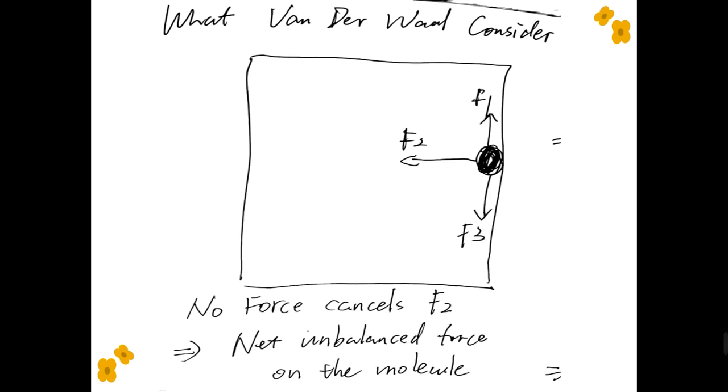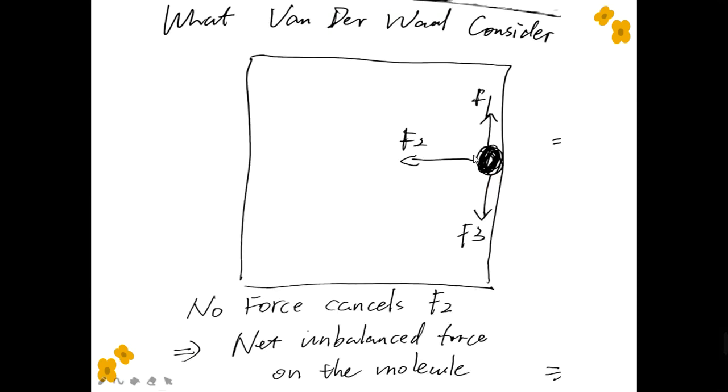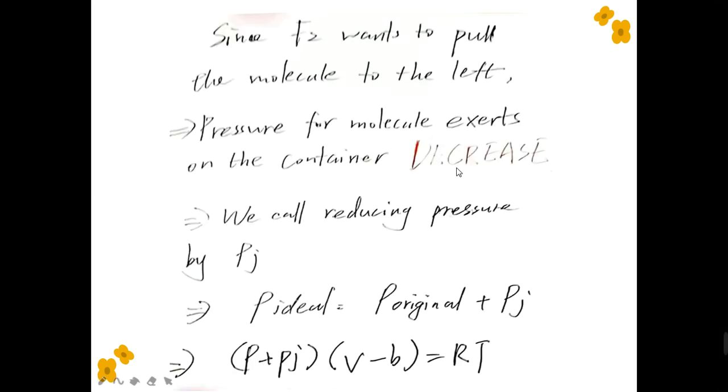But what the ideal gas law doesn't consider, but van der Waals does, is the real gas, where gas molecules stick to the wall of the container. The F1 and F3 forces are cancelled, but no force can cancel F2. So the net force on the molecule is unbalanced. F2 pulls the molecule to the left.